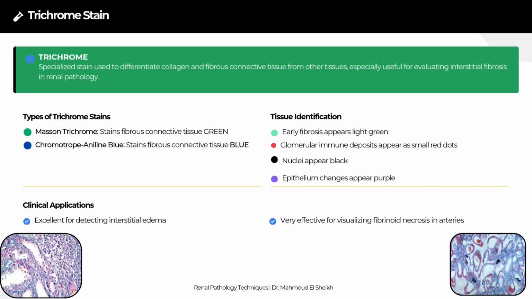Early fibrosis typically appears green. Why is it called trichrome? Because it's stained with three colors: nuclei in black, glomerular immune deposits in red, and epithelial changes in purple, allowing visualization of multiple tissue components in a single slide.